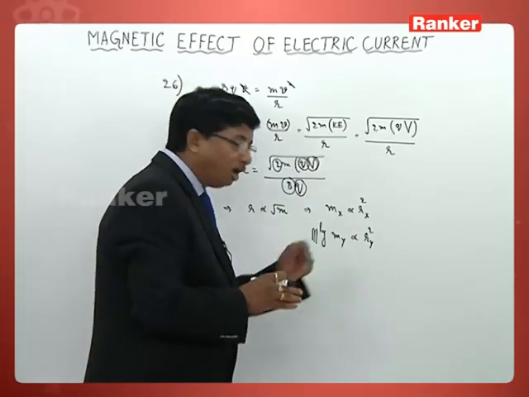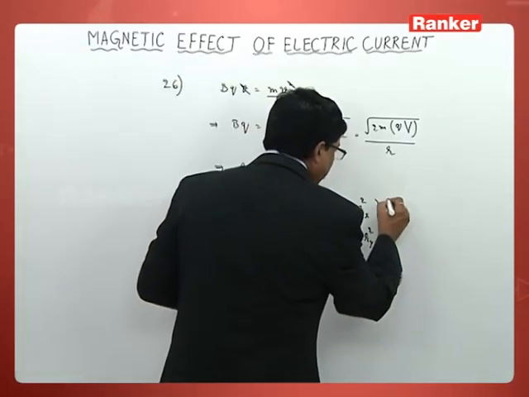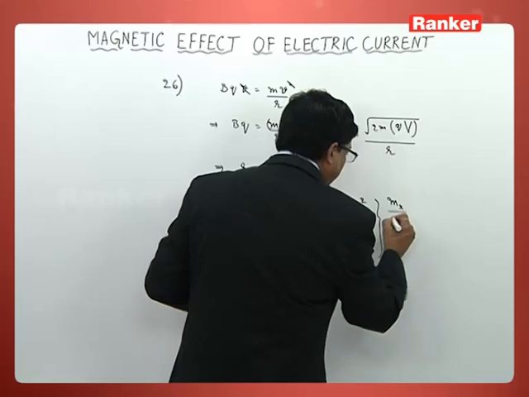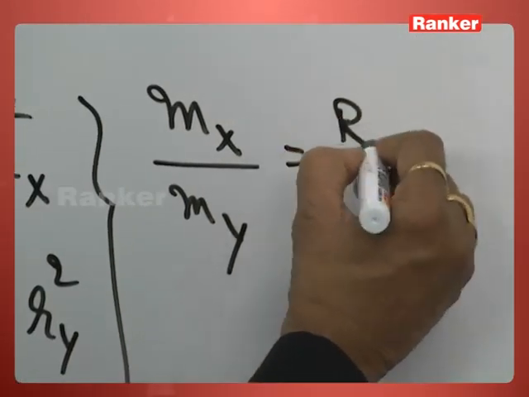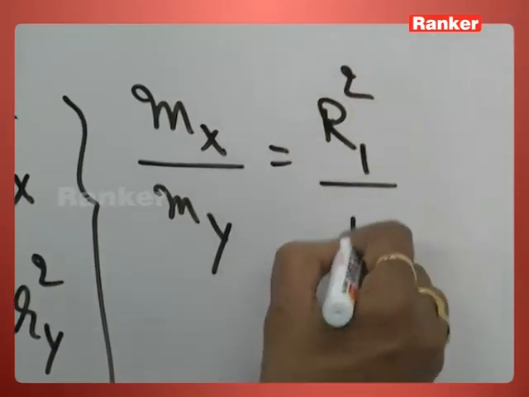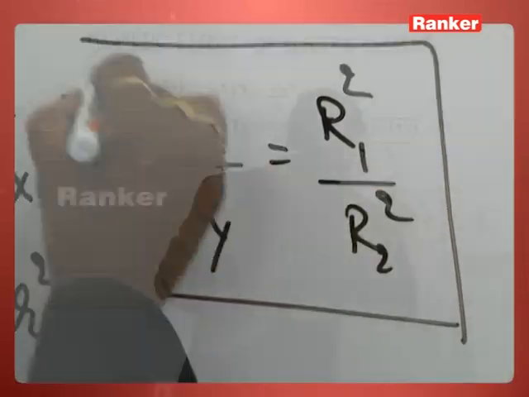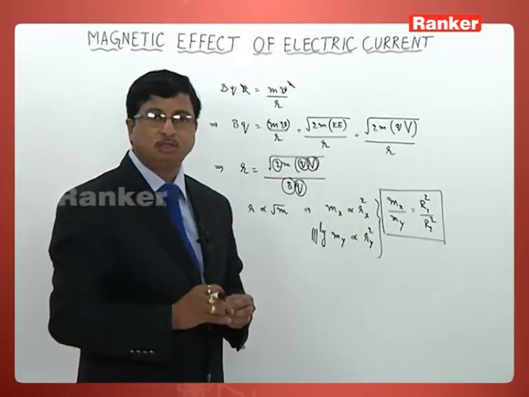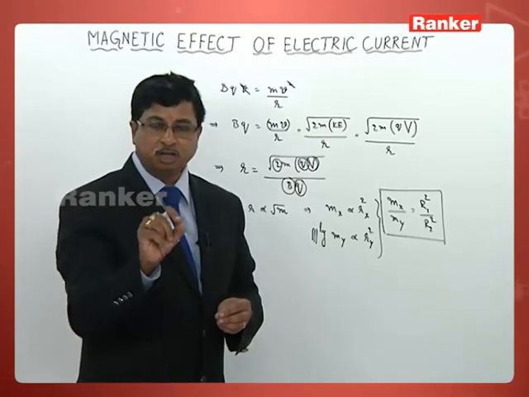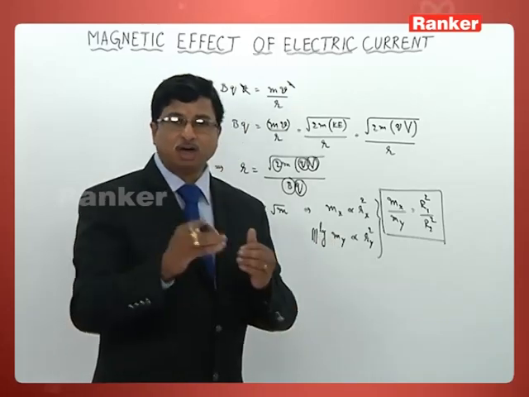Now if you take the ratio, mx by my is going to be r1 square by r2 square, because he has mentioned the radius of the circular path traced by the first particle is r1, of the second particle is r2.